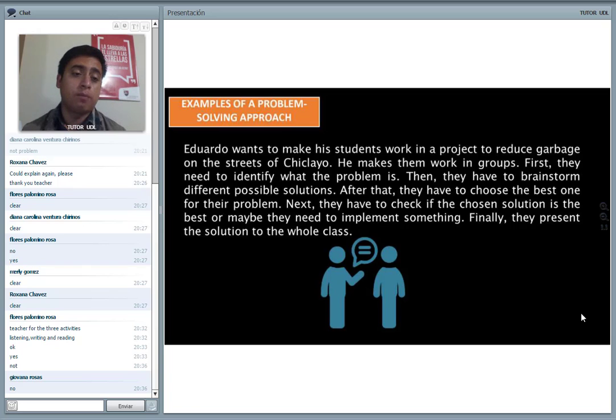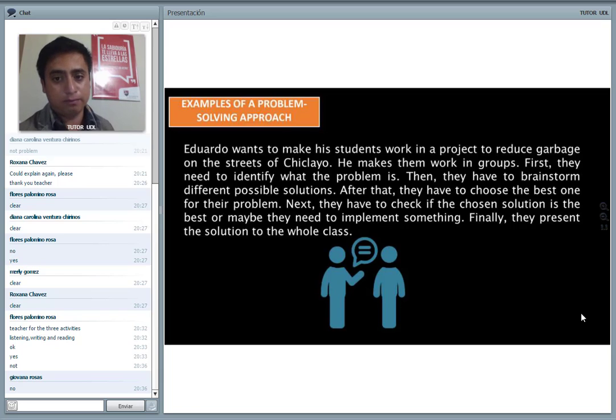Examples of a problem solving approach. Here, Ricardo wants to make his students work in a project to reduce garbage on the streets of Chiclayo. That's the problem. We are in the first step. He makes them work in groups. So maybe you will introduce the topic by showing some pictures or a reading activity with a problem that we are having.